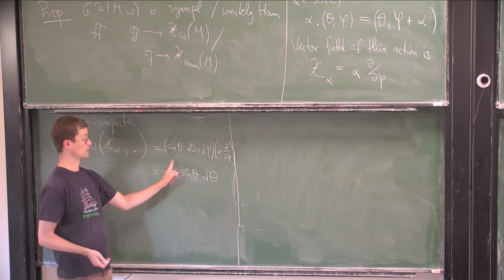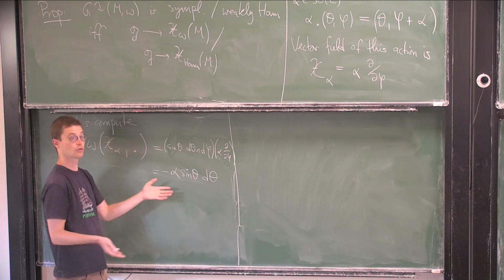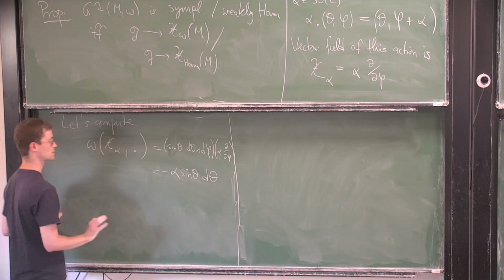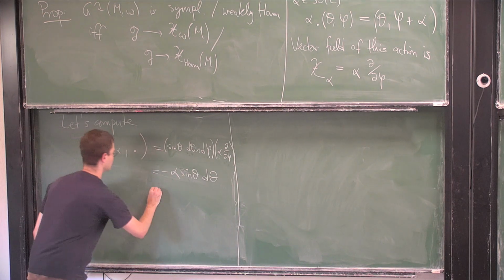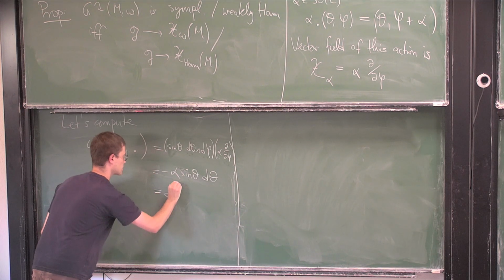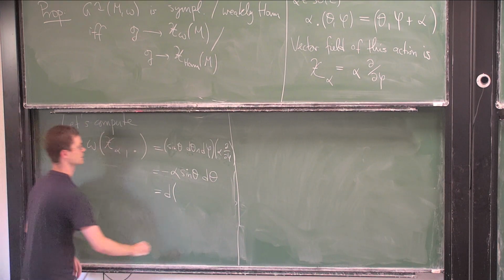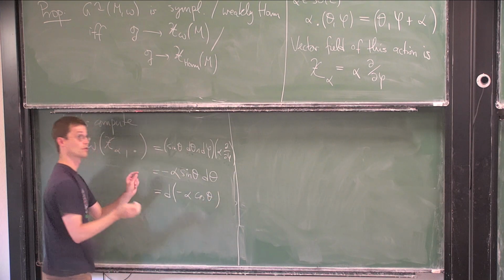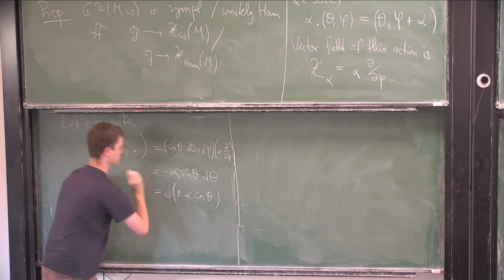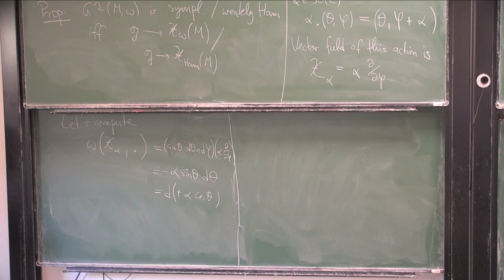And if I differentiate this with respect to phi, then I get 0 because it's independent of phi. So this is closed. But is it even better? Is it exact? Yes. You should try to write it as d of something. Yes, minus alpha, cos theta. The derivative of cos theta is minus sine theta d theta. So it's exact.